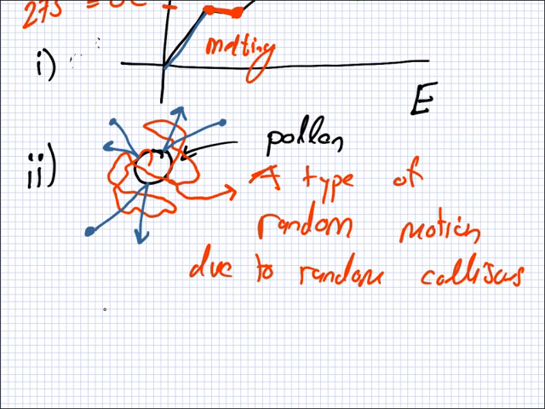This type of motion is given a name in maths. It's called a random walk. That is the technical name for it in maths. A motion that has no direction. It's just completely random. Now the second half was explain why this gives evidence for the kinetic particle movement of molecules.